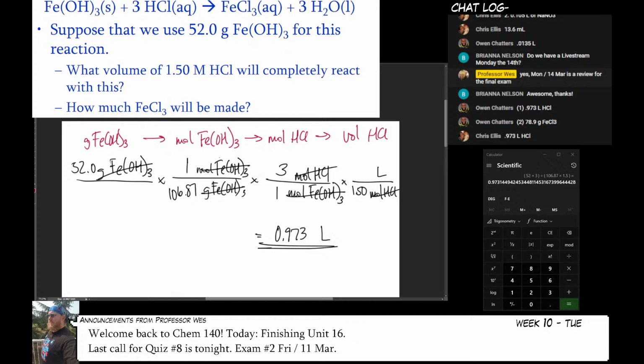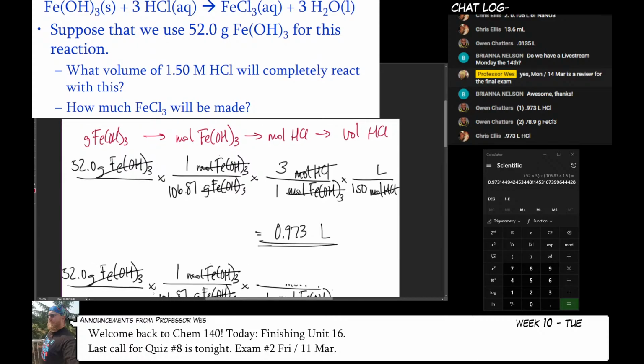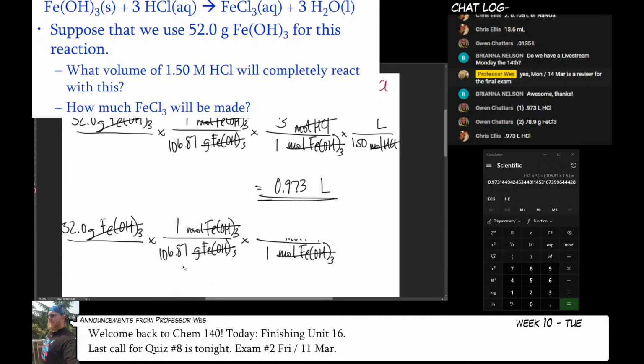And then how much FeCl3 will be made from the same amount? Now I'm just going to copy and paste here, because we're going to run out of time if I don't. Copy, paste. So grams to moles of whatever other thing I want, which in this case would be FeCl3.